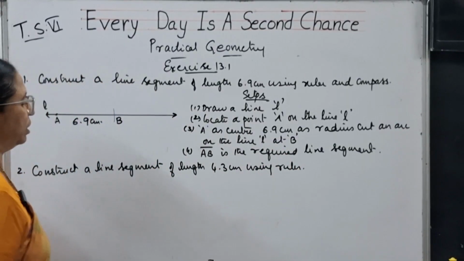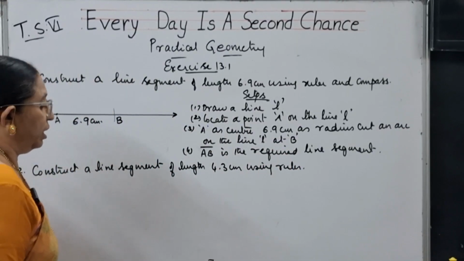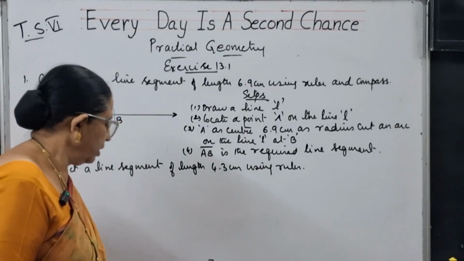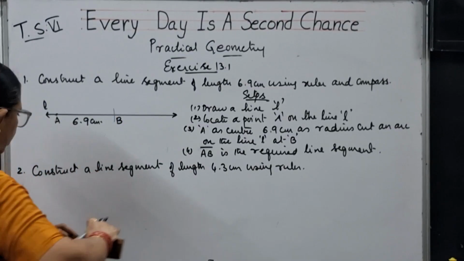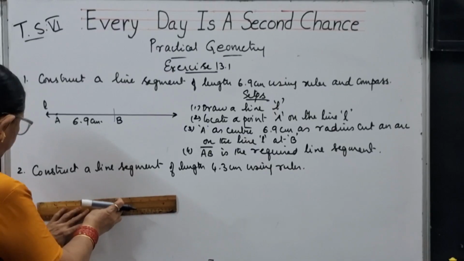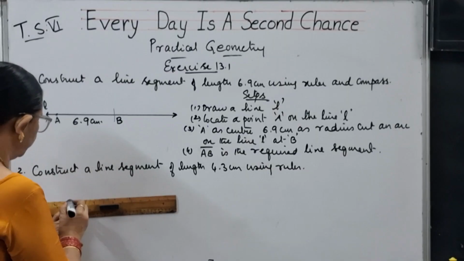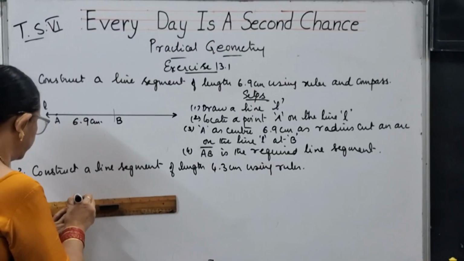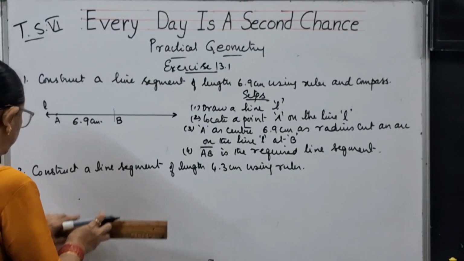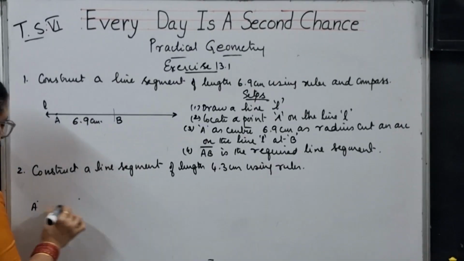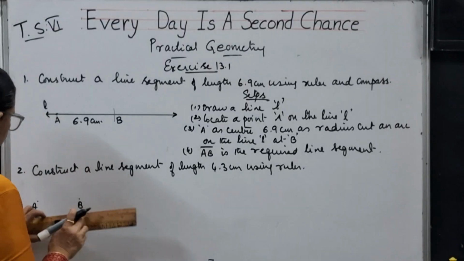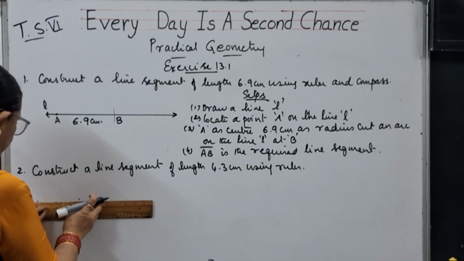He is asking only to use a ruler and draw 4.3 centimeters. So what are you drawing? First you are keeping a point A at 0 and 4.3 centimeters. So these two are A and B. You have to join AB.